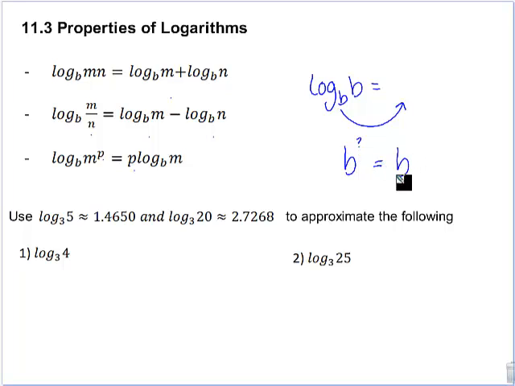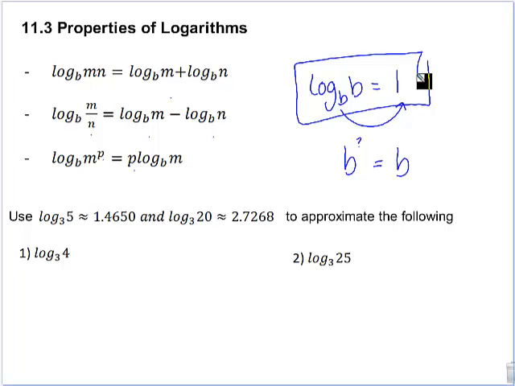Well, what's your exponent on there? 1. So it's b to the first power. So here, this also holds true. If your base number is the same exact number as the value inside of the logarithm, it's equal to 1.